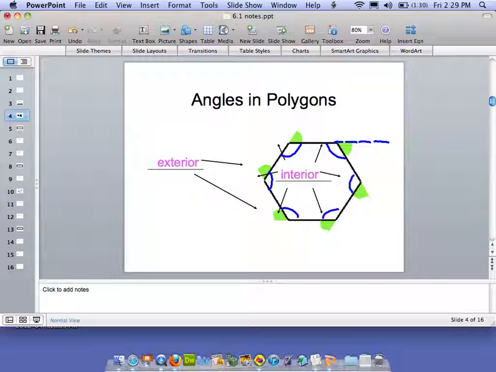And remember, you extend a side, and then it would be the angle that goes from the side out to that extended dotted line. So at each vertex, we can extend out and actually put 2. But we're only going to consider 1 for what we're going to do. And there are your interior and your exterior angles.